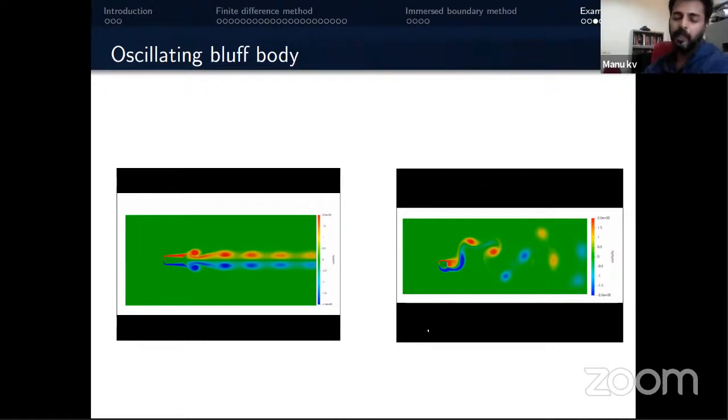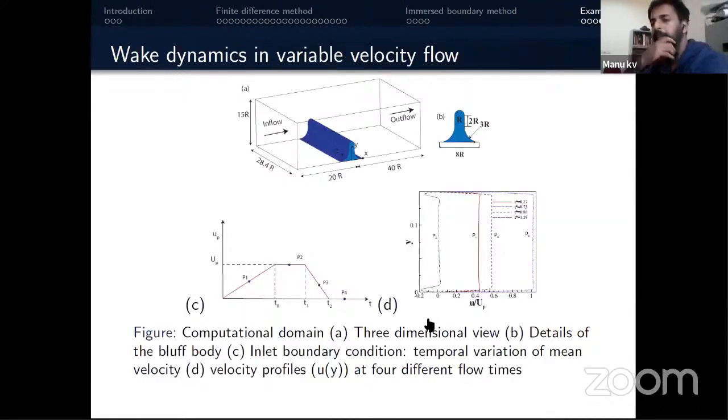Okay, so now let's look at another example where the body is extremely complex. Unlike a conventional academic geometry, we selected a relatively complex geometry. You can see it's like a hill, and this is a three-dimensional problem.